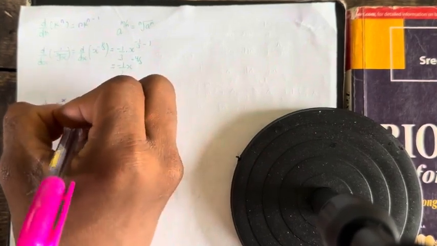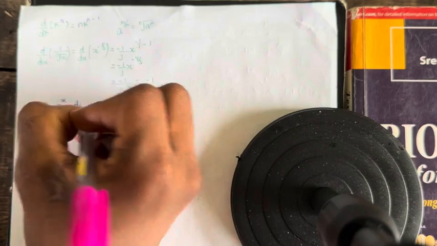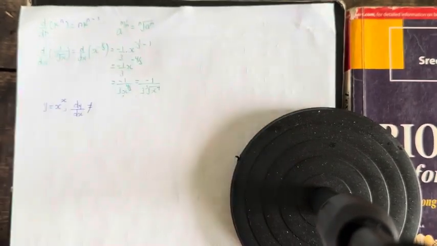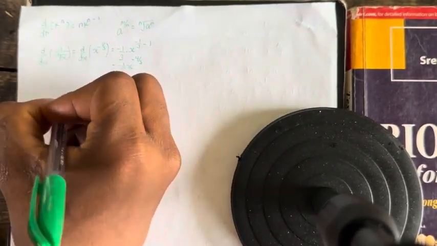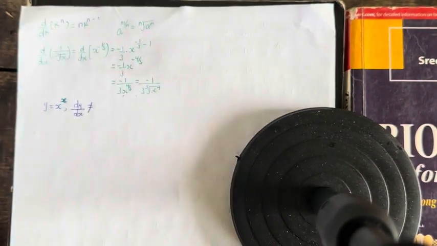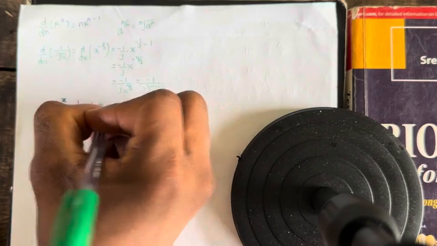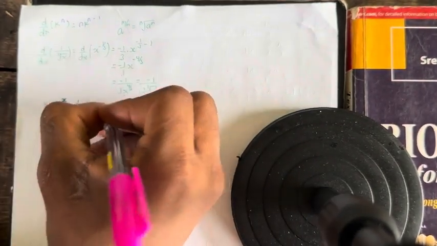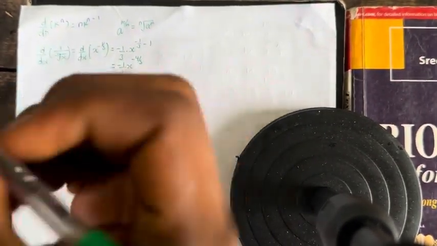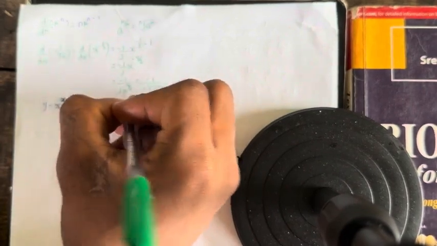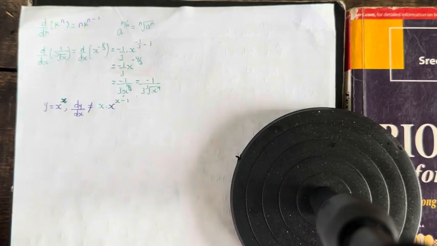You can't say dy/dx is equal to the power, which is x, multiplied by the base x to the x minus 1.